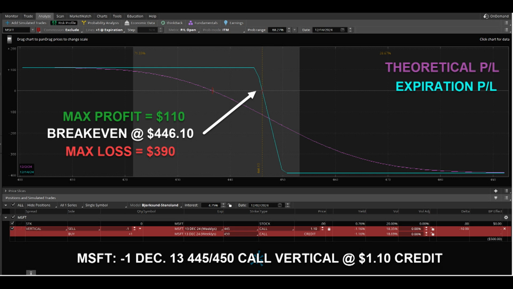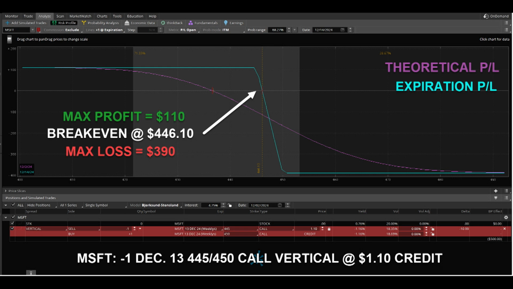Our trade, selling the December 13th, 445, 450 call vertical. I think we put it in around $1.10 credit. It's currently trading right around $1 credit. So somewhere around there. This is a trade that, like I said, let's call it $7.50 above the market.